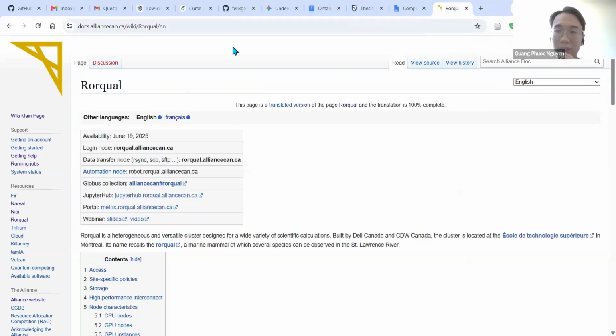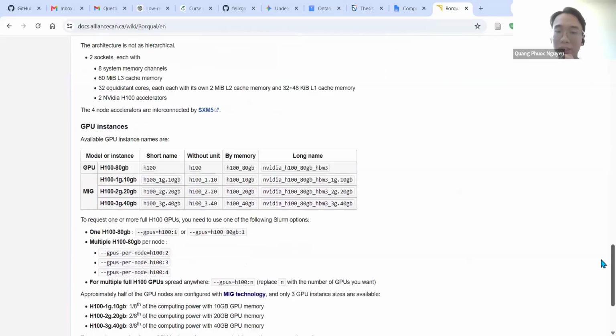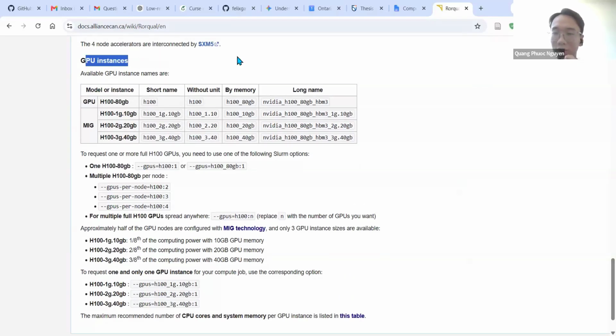You should be able to find information about GPU instances somewhere at the end of the node information. So in Rorqual, we support 3 different types of instance with different computing performance and different virtual RAM to fit your language models, for example. So we can choose what type of instance fits our job best.